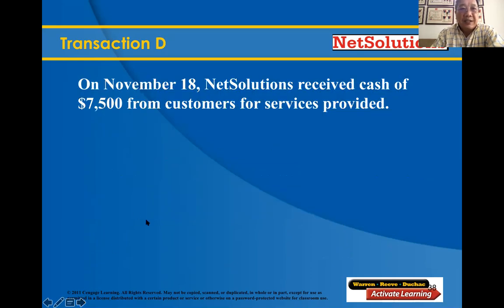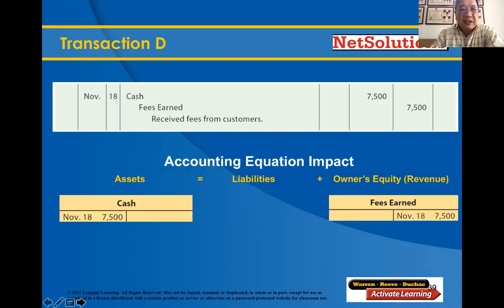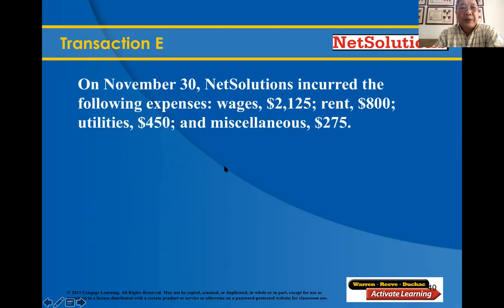Oh, di ba kumita na siya? 7.5. Ano nangyari? Debit cash, increase in asset, credit fees earned, increase in owner's equity, which is fees earned. Balansyado, di ba? Okay. November 30, Net Solutions incurred the following expenses.